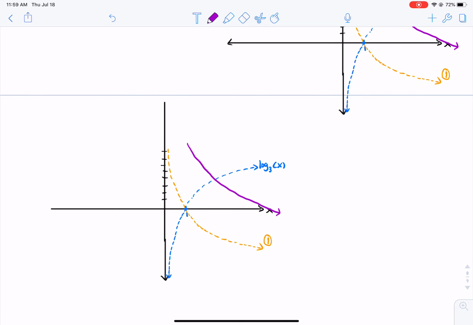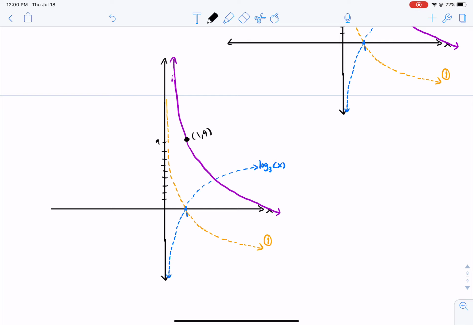This is going to get closer and closer to the y-axis, probably like this. There was a point in it that was very special: the point (1, 9), this one right here. And it will cross the x-axis.